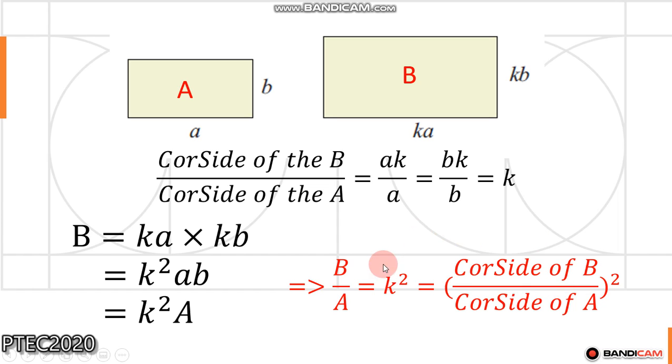Just look here again: the ratio of the areas of the two similar figures, B over A, is equal to the square of the ratio of the corresponding sides, the corresponding side of B over the corresponding side of A, squared.